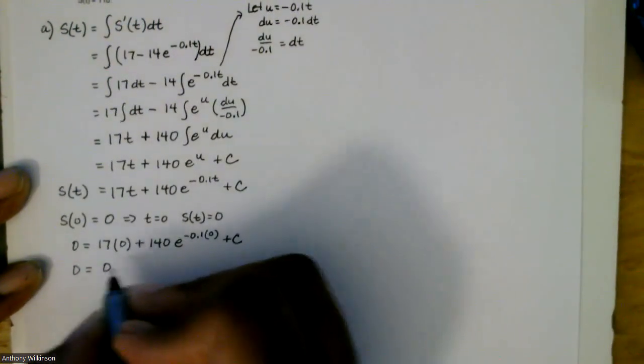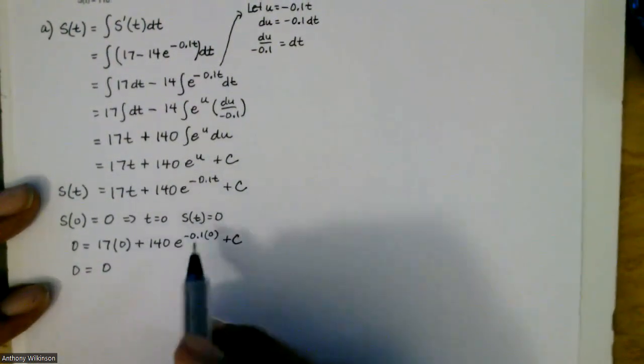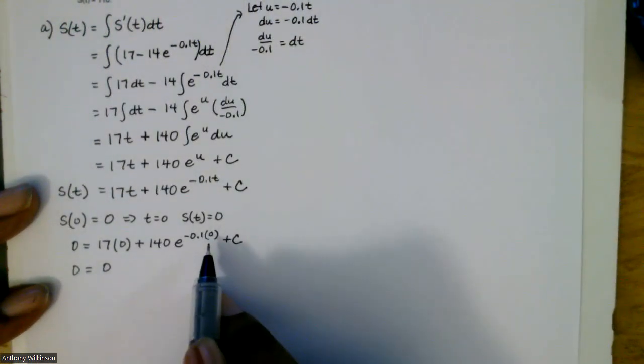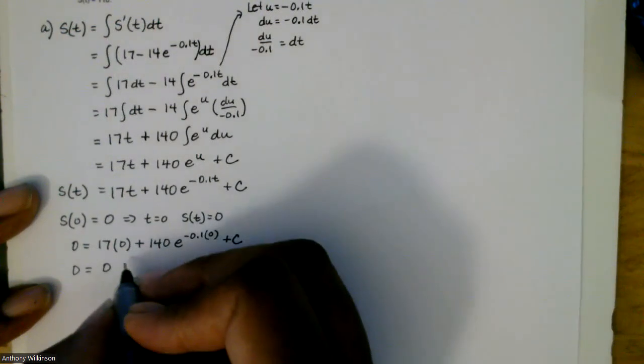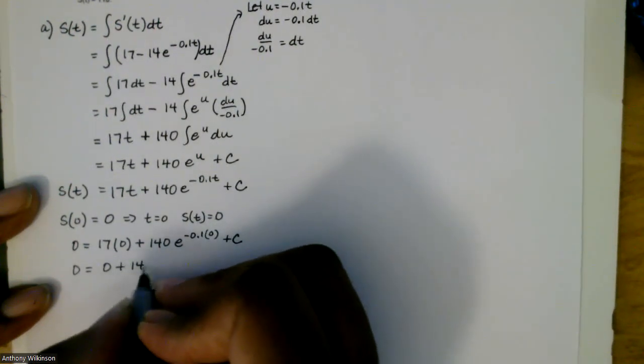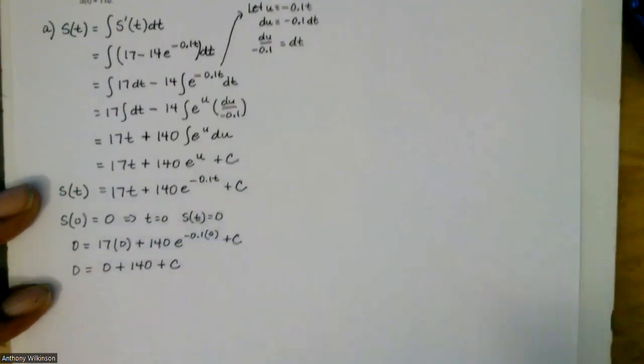So it'll be 17 times 0 plus 140 e to the negative 0.1 times 0 plus c. Well, 17 times 0 is 0. Now, negative 0.1 times 0 is 0, but e to the power of 0 is 1. 1 times 140 will be a plus 140 plus c.